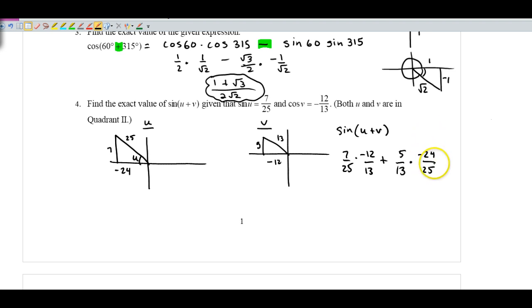So we have negative 94 plus negative, oh boy, I better get my calculator out here for this one. Let's see, it's the handy dandy iPhone calculator here. So that's all I really need. 5 times negative 24 is negative 120. And this is all over 25 times 13.